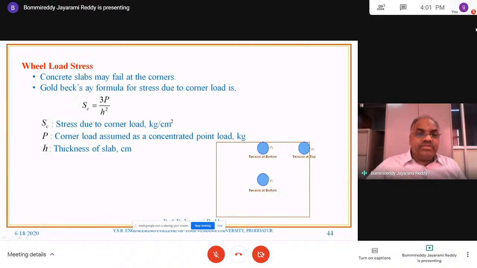Next, wheel load stresses. Because of the wheel load, the load can occur at the interior, edge or corner, and accordingly the stresses will develop.